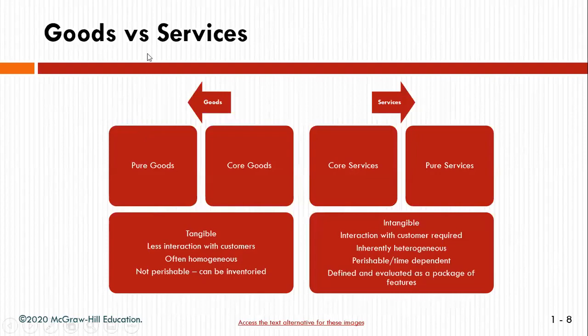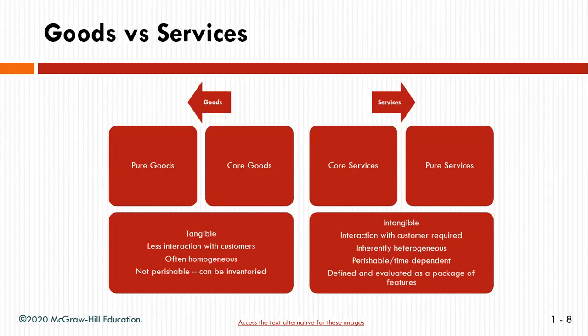Now, the product in general: any company provides two types of, shall I say, goods and services, or a mix between them. You have the pure good and you have the extreme of pure services.